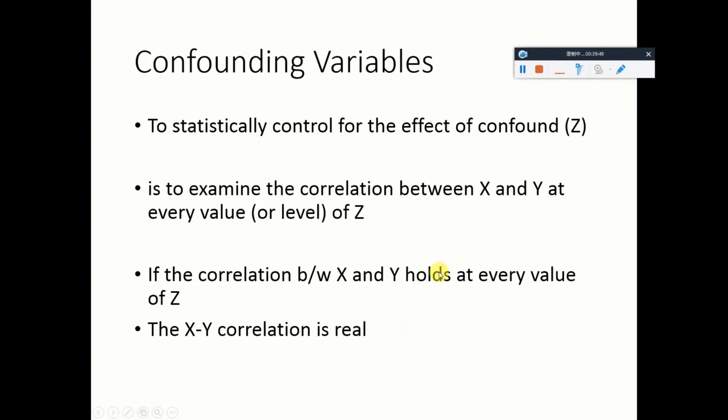It's not spurious. However, if the correlation between x and y, when examined at every value of z, is reduced to 0, then the correlation between x and y is spurious.